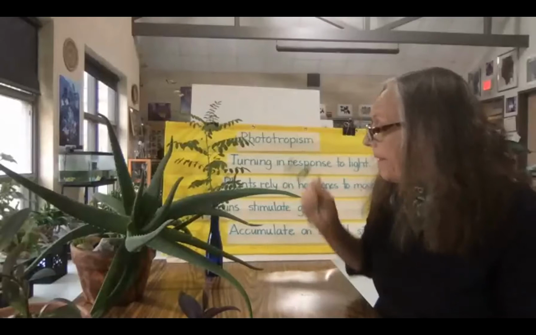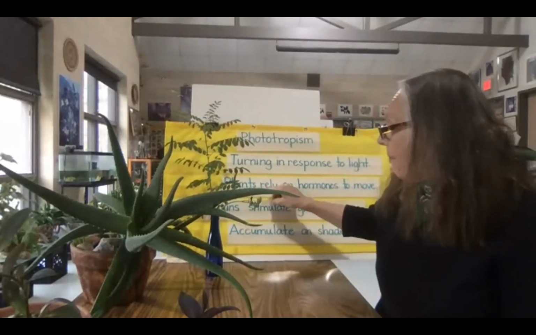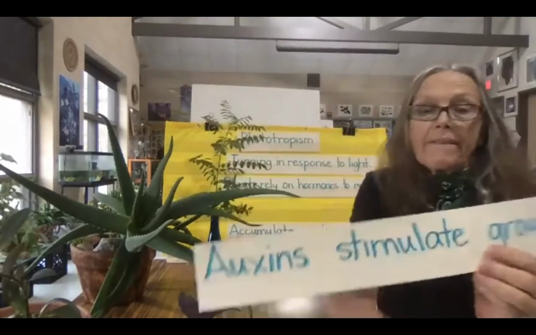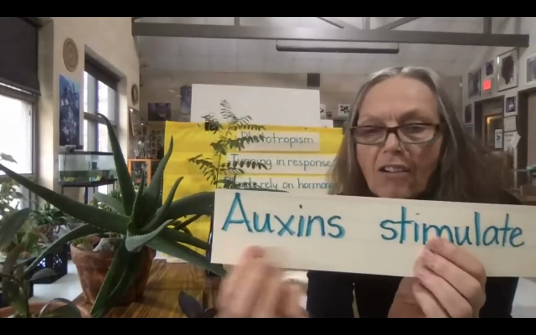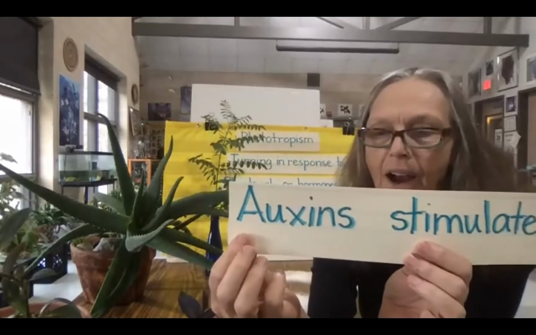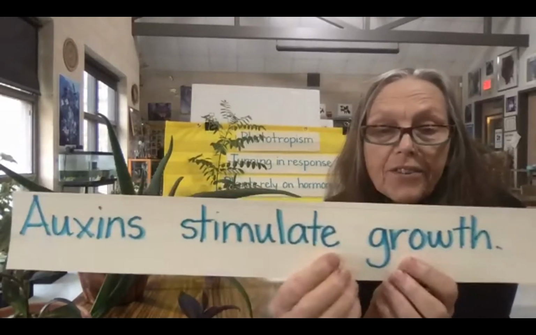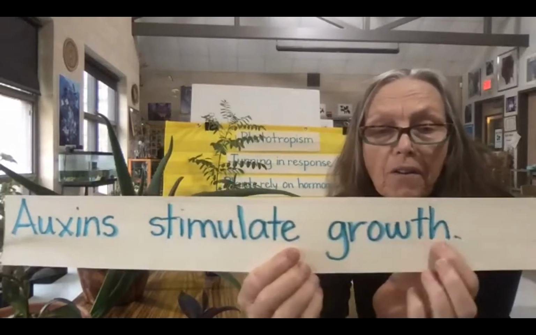How does it do it? Plants rely on hormones to move. In this case, it's a hormone called auxin. It's a really funny word, auxin. Kind of like oxen, but not an animal. Auxin is a hormone, and it stimulates or encourages growth.